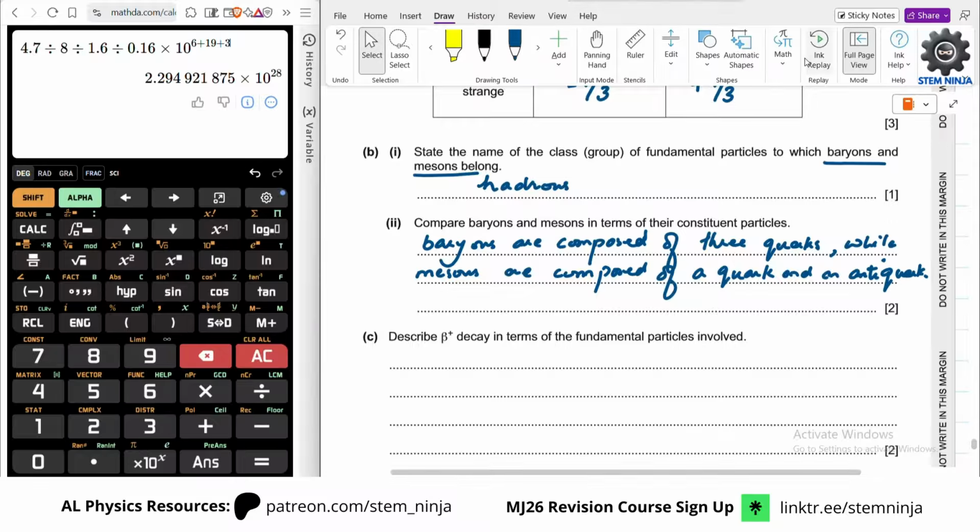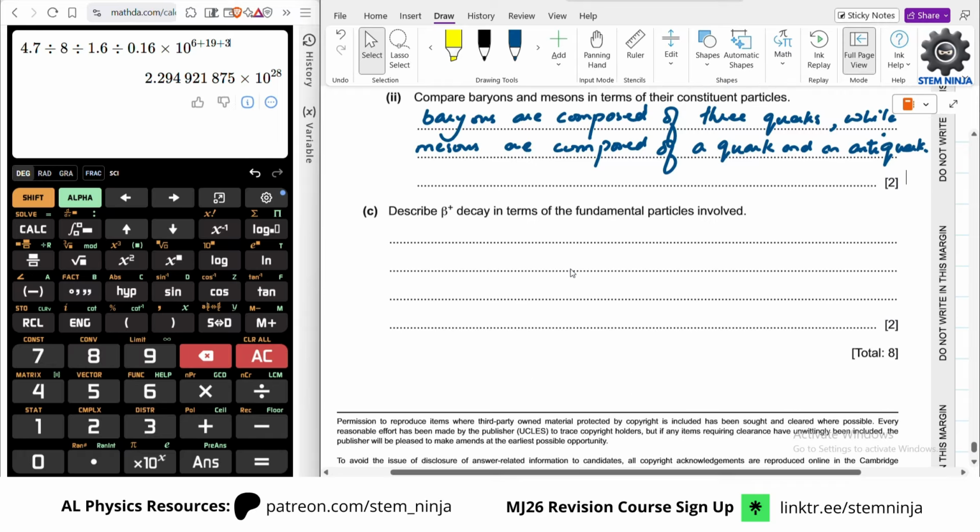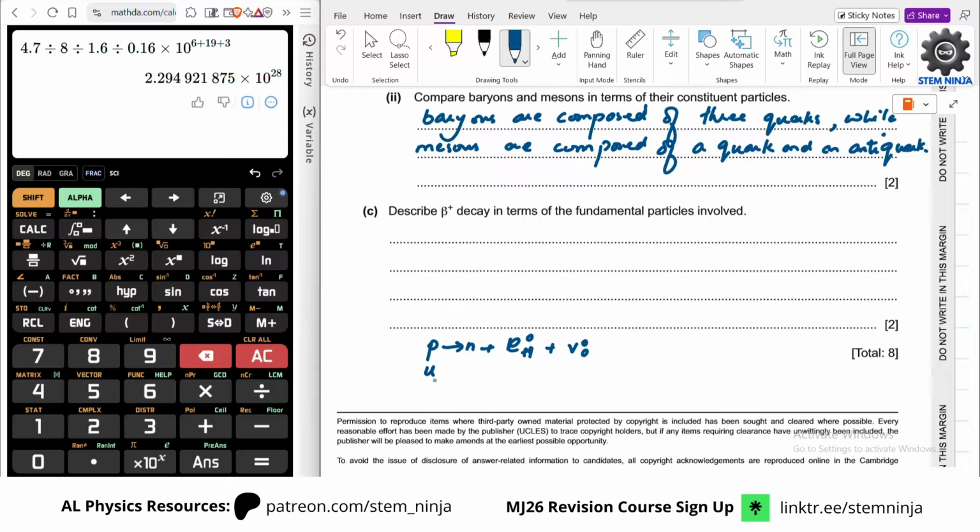That's it. Describe beta plus decay in terms of the fundamental particles involved. Okay, so we know that in beta plus decay, a proton decays into a neutron plus beta plus particle and an electron neutrino. But what changes happen in proton and neutron? So a proton is up, up, down, and neutron is up, down, down.